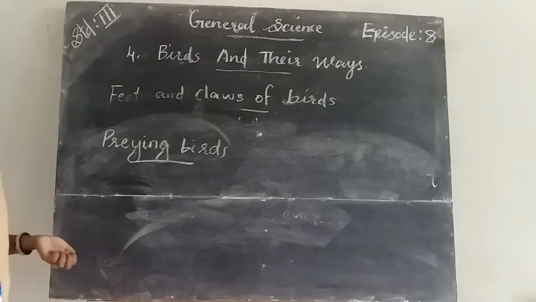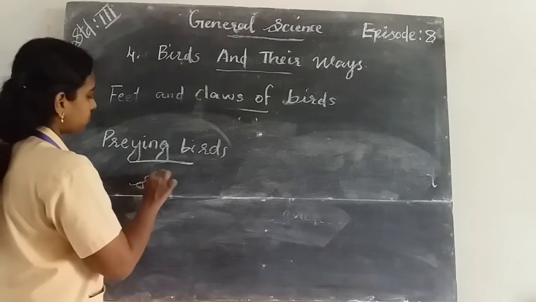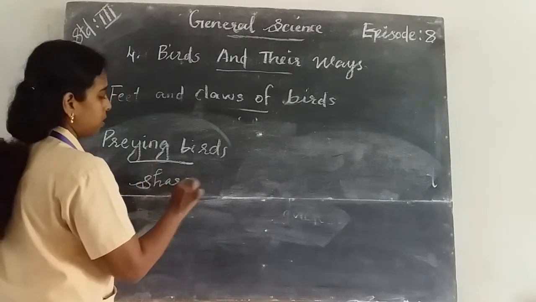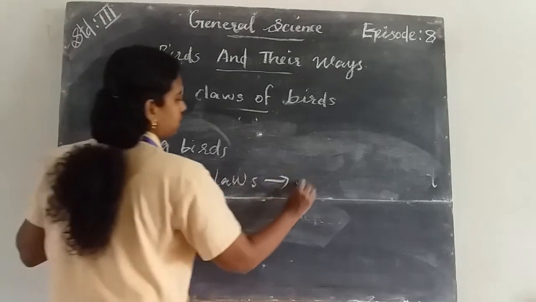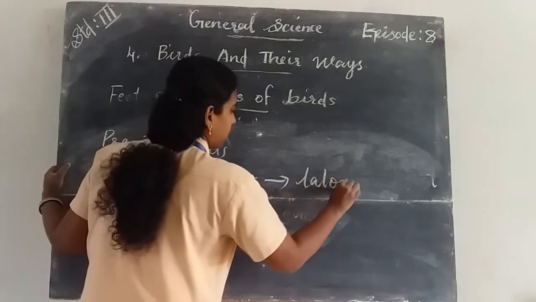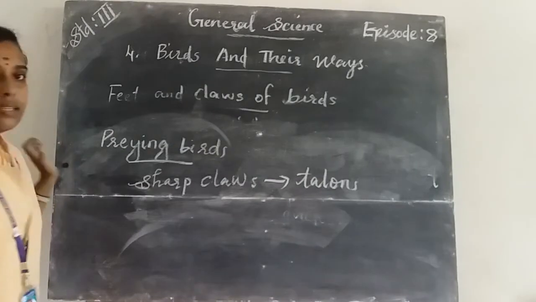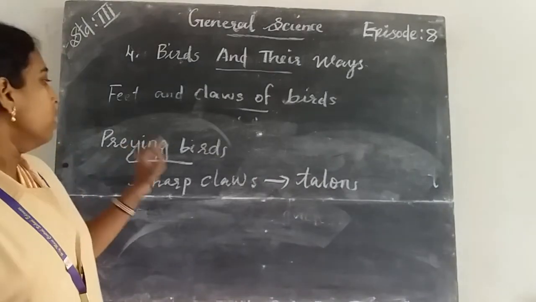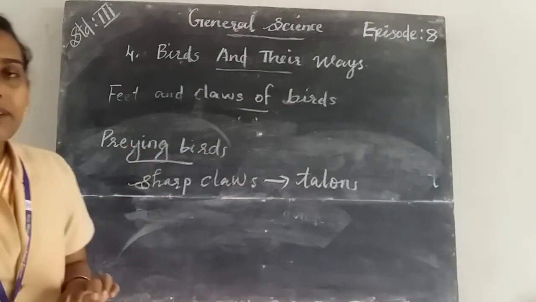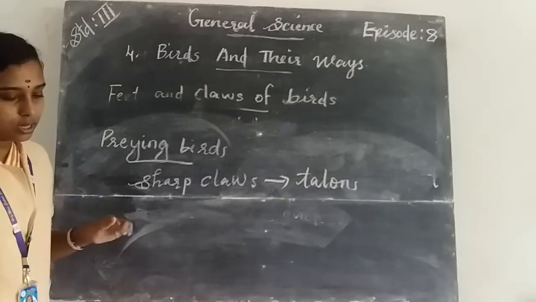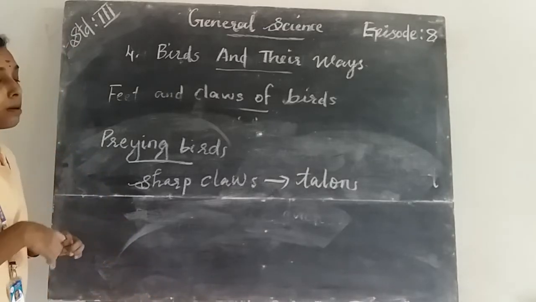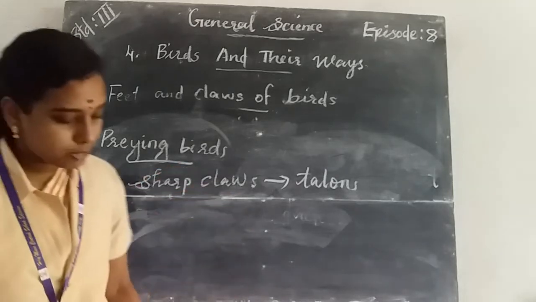So praying birds have sharp claws, and the sharp claws are called talons. They use their talons to tear the flesh of other animals. Also, they use their talons to pick up small insects.